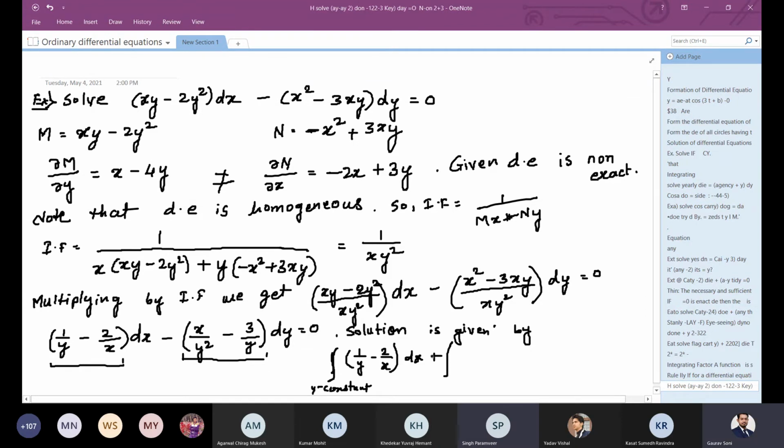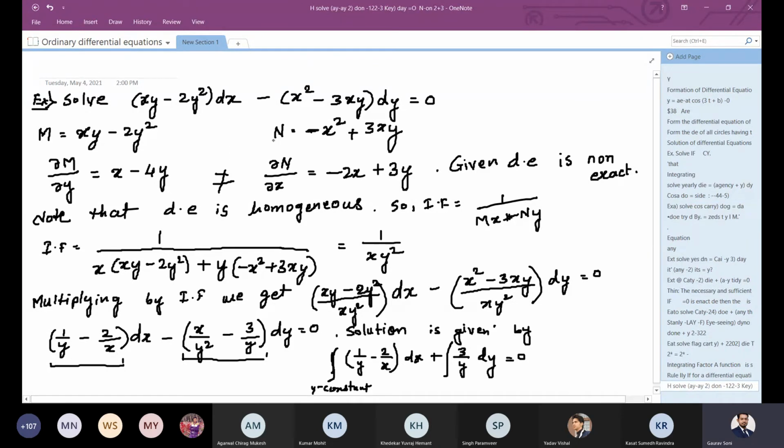So that is just dy, one term, which is 3 by y. So integrate this. We'll get x by y minus 2 log x.